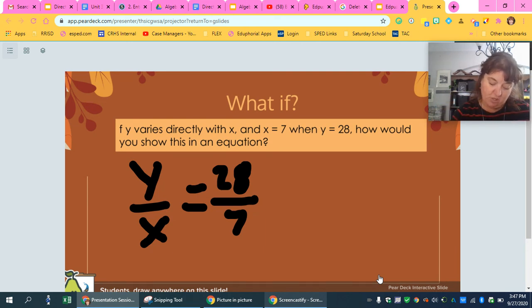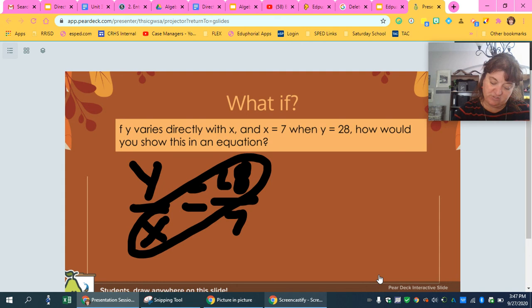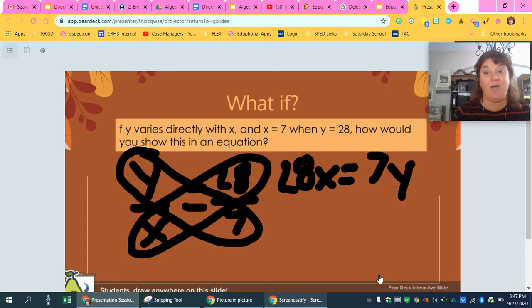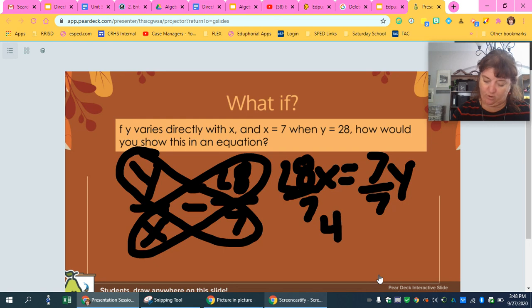So we're going to cross multiply. 28x equals 7y. Now we need to get y alone because remember it was y equals mx. So we're going to divide by 7, divide by 7. Let me show you the answer first. 7 goes into 28 4 times. 4x equals y, or you can just put y equals 4x.